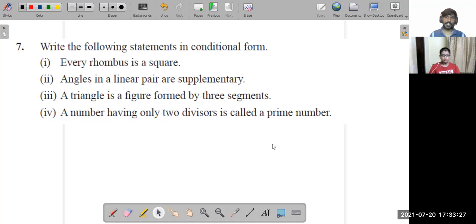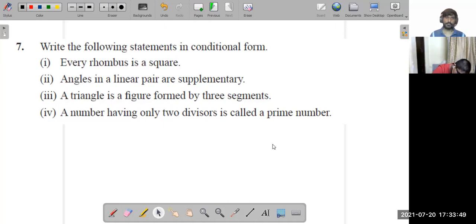If a quadrilateral is a rhombus, then it is always a square. No, not always, don't say always. If a quadrilateral is a rhombus, then it is a square.